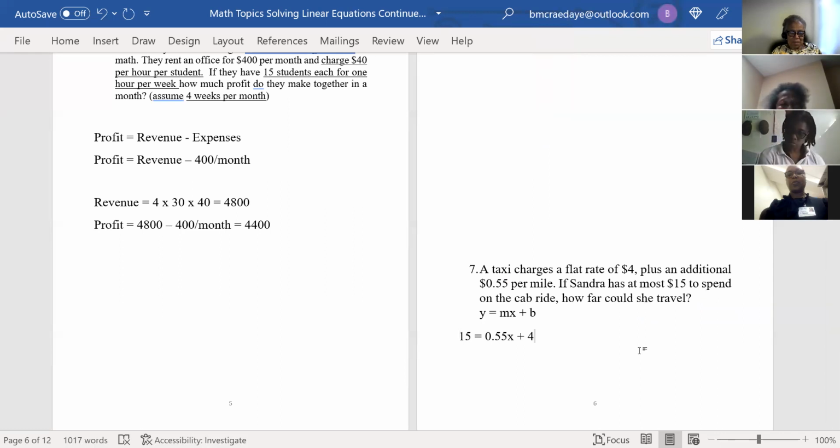Get your constants together, and then solve for x. These are your constants, 4 and 15. So you're solving for the number of miles Sandra can travel with the $15.